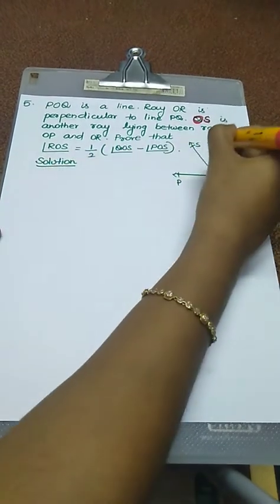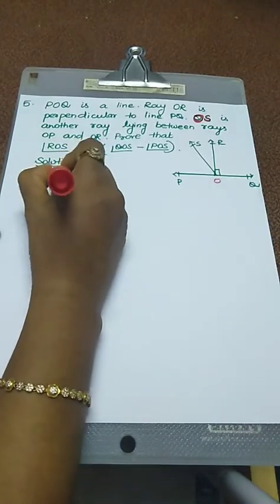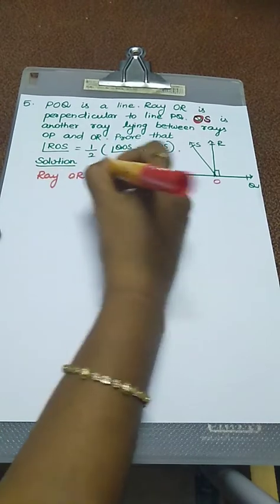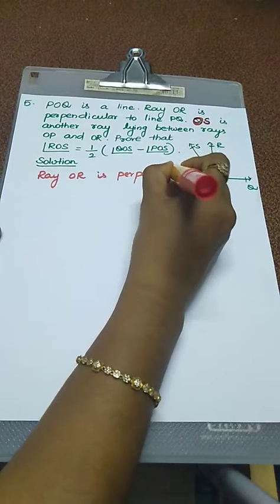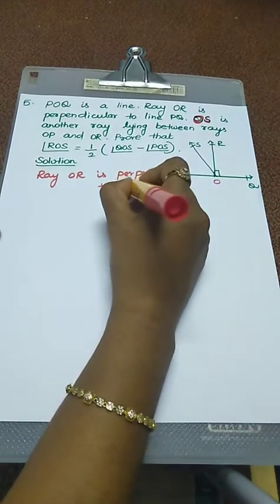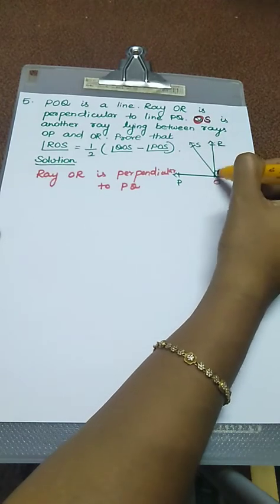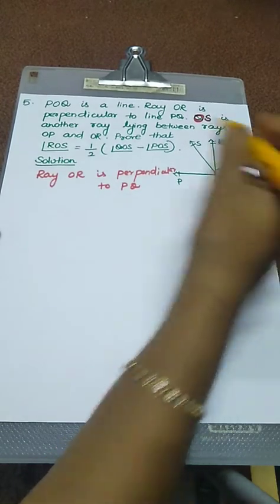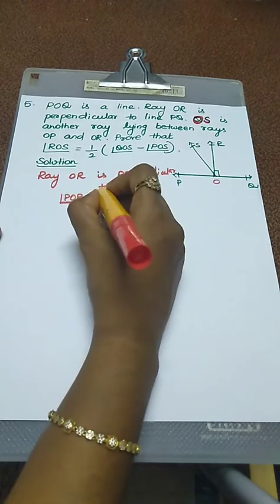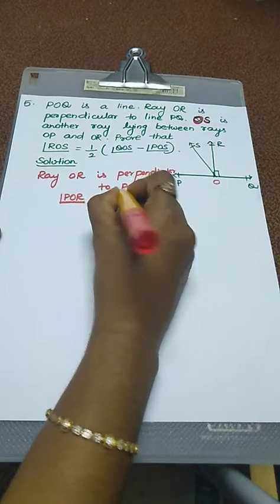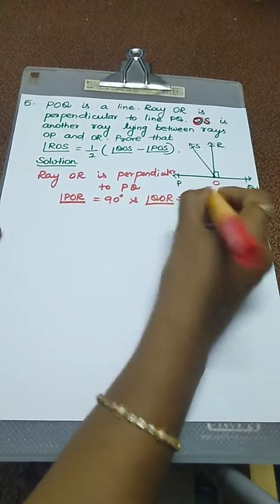First we write that ray OR is perpendicular to line PQ. So what about the angle POR? That is 90 degrees, and QOR is also 90 degrees. So we mention that angle POR is equal to 90 degrees and angle QOR is equal to 90 degrees.